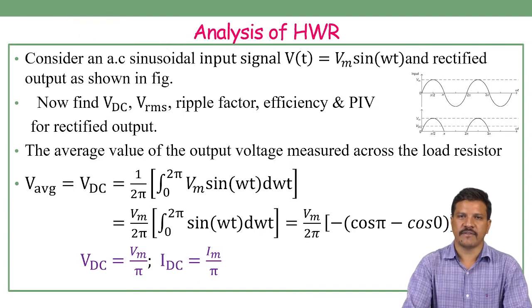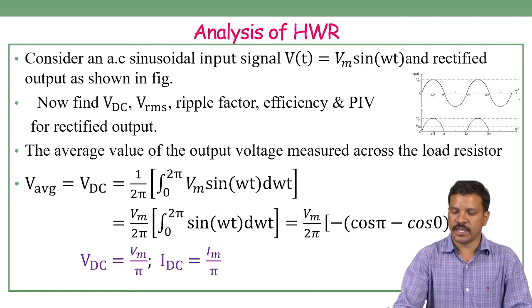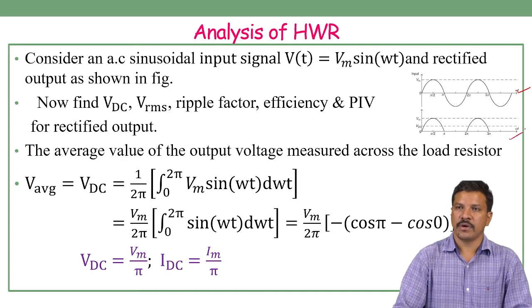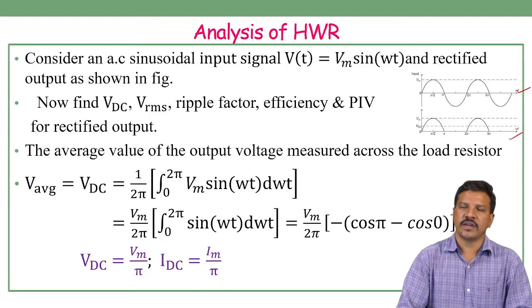Coming to the analysis of half-wave rectifier. So far we have seen that this type of AC input signal is given to the rectifier, and this type of pulsating DC output is available across the load. By seeing this waveform, we can't justify how good the circuit is and how good the output is.